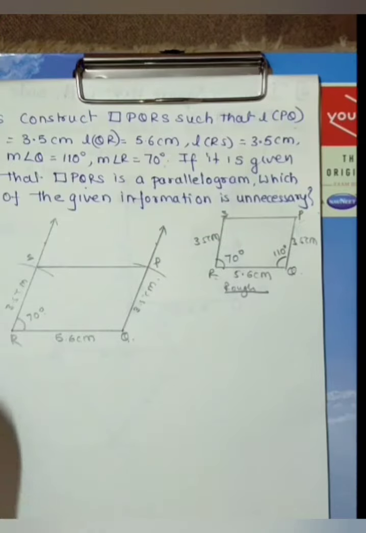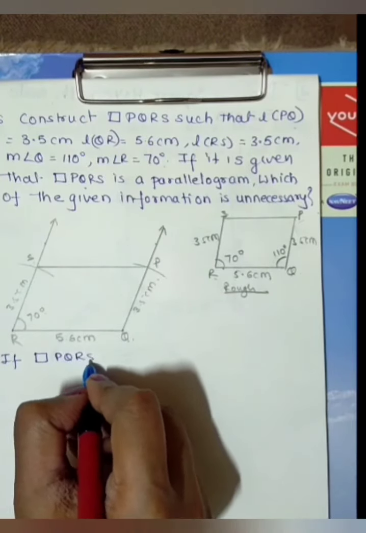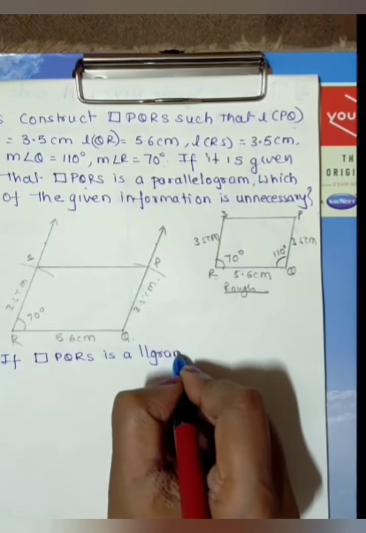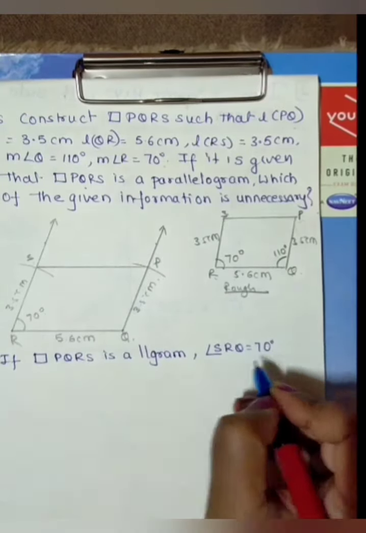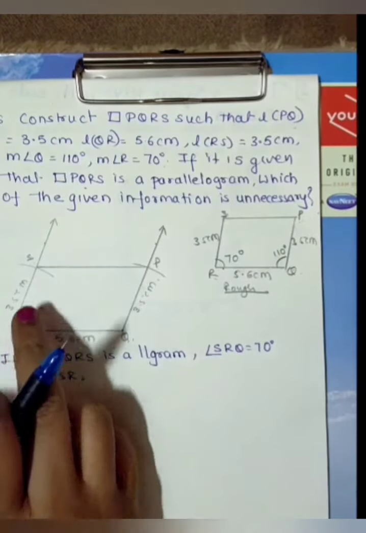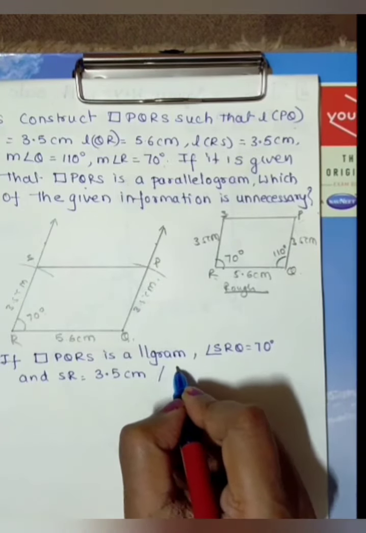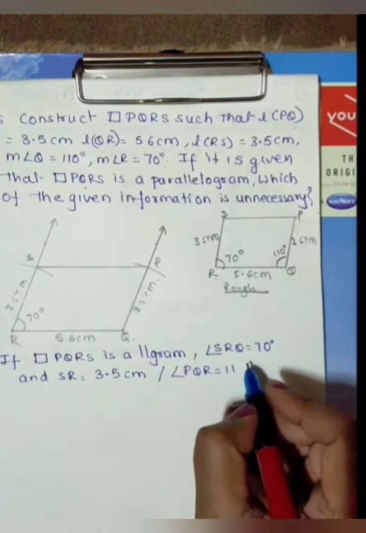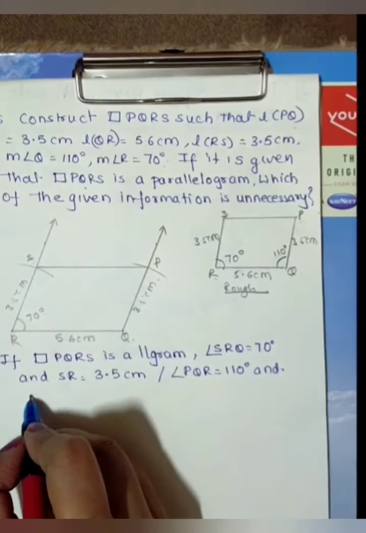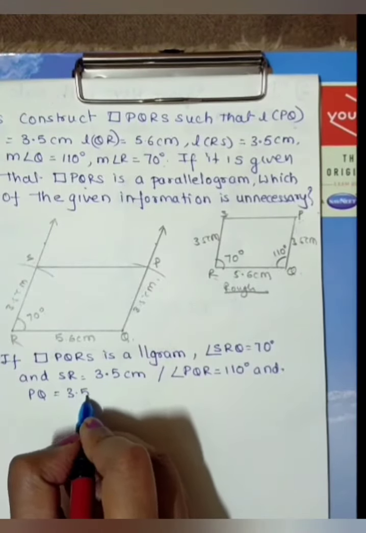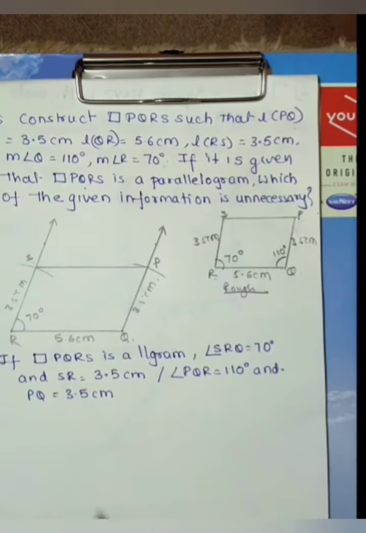I hope you understood. Now what is given here? If quadrilateral PQRS is a parallelogram, then the information that angle SRQ is equal to 70 degree, and measure angle PQR is equal to 110 degree, and PQ is equal to 3.5 centimeter is unnecessary.